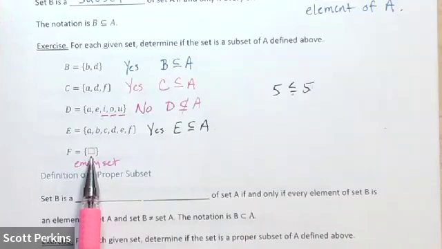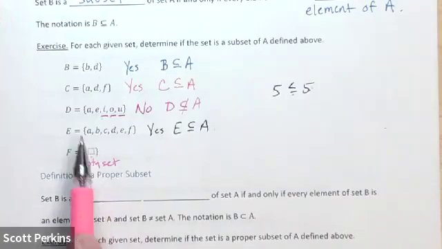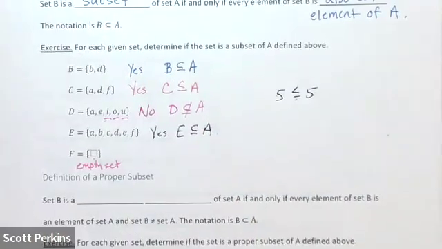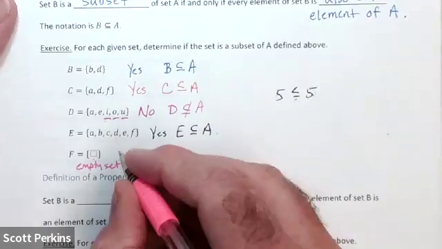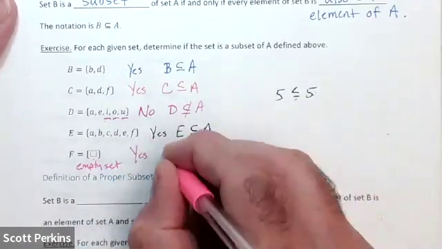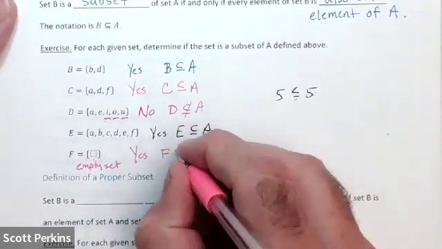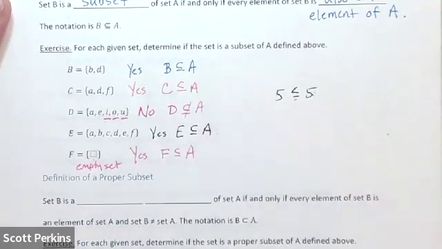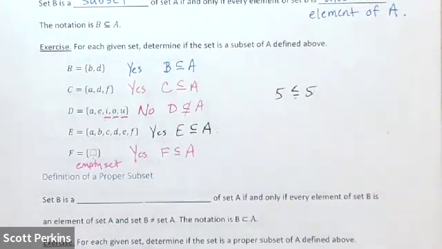So by definition, since there's nothing in here, everything that's in here, which is nothing, is also an element of the original set. So what that means is yes, F, the empty set, is a subset of A. So just a thing to remember is that the empty set is always a subset. Okay, I understand that that one's a little goofy.